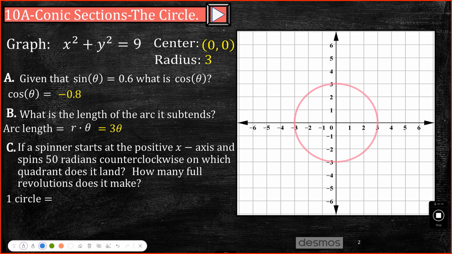All right. One circle has how many radians? 6.28. 2 pi radians, 2 times 3.14, which is 6.28 radians.